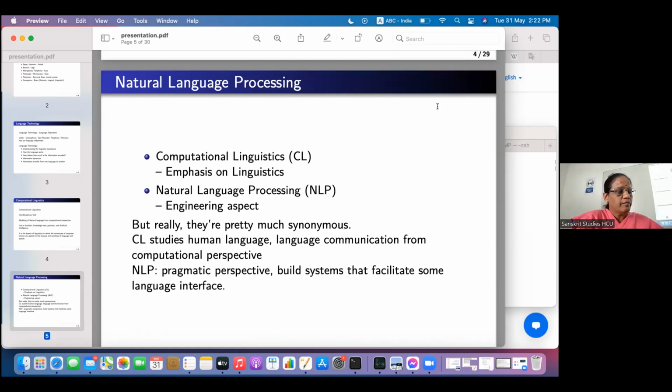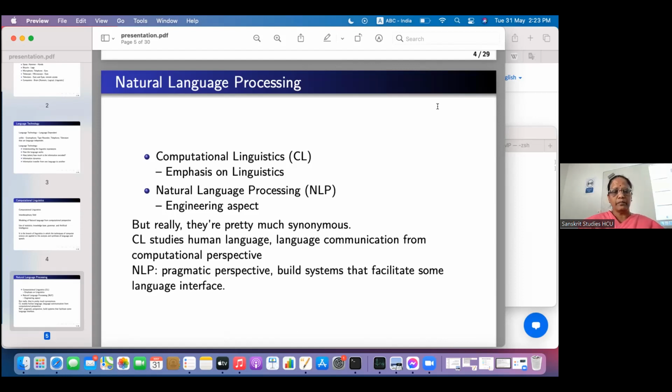At the same time, the computer scientists were also looking at it, but from the processing point of view. The emphasis was on the engineering aspect rather than the linguistic aspect of it. And thus the name natural language processing got coined. But really, they are pretty much synonymous now.